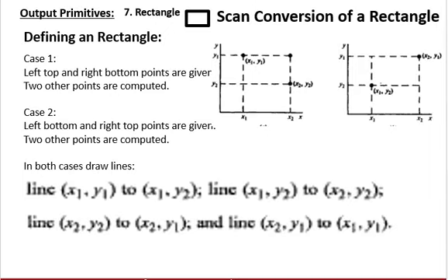That is how we can generate a rectangle. Here we have line 1, line 2, line 3 and line 4. For this coding, we use line 1, line 2, line 3 and line 4 to draw a rectangle.